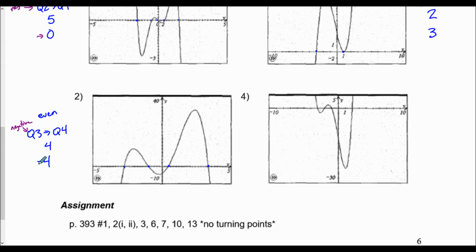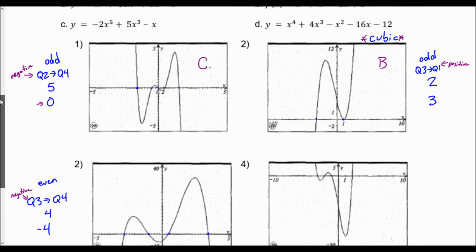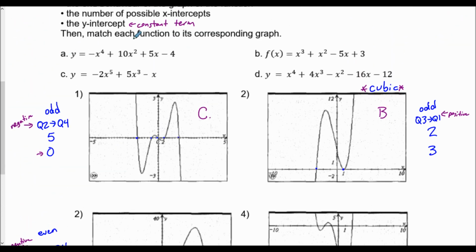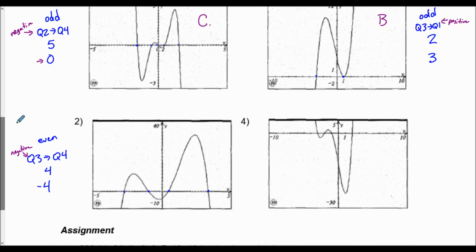The only reason I know that it's -4 is because of this equation. This is the only equation that has a leading coefficient of negative. So y-intercept is -4, and it's an even-powered polynomial. Obviously, by process of elimination, this would be D.